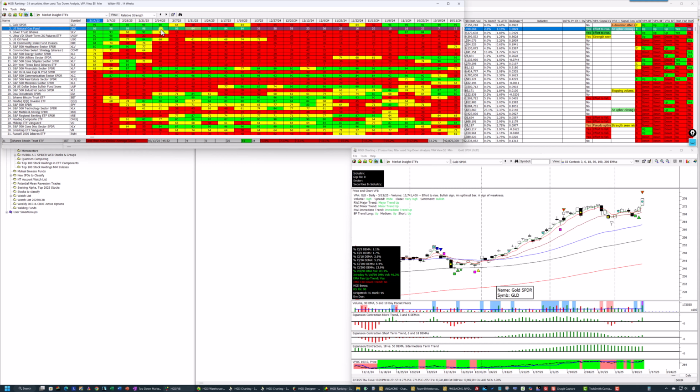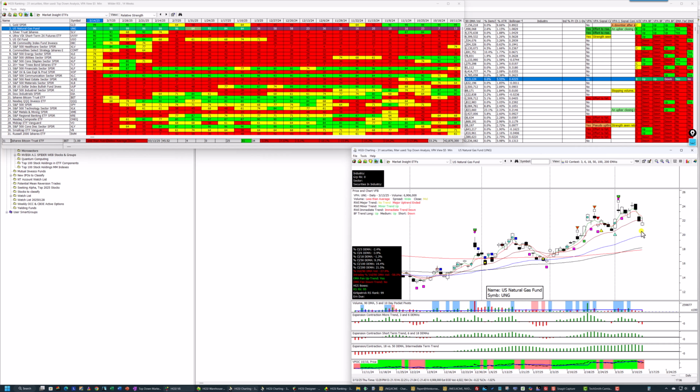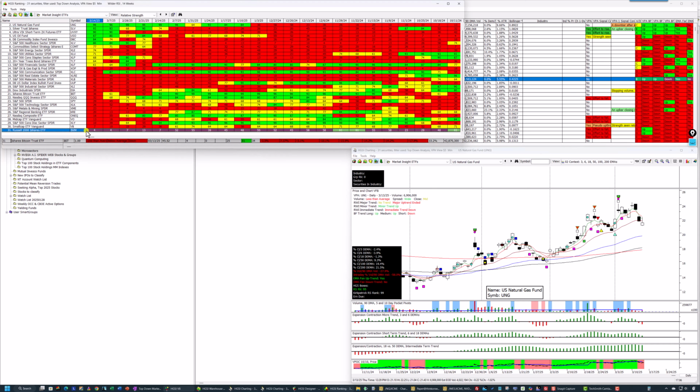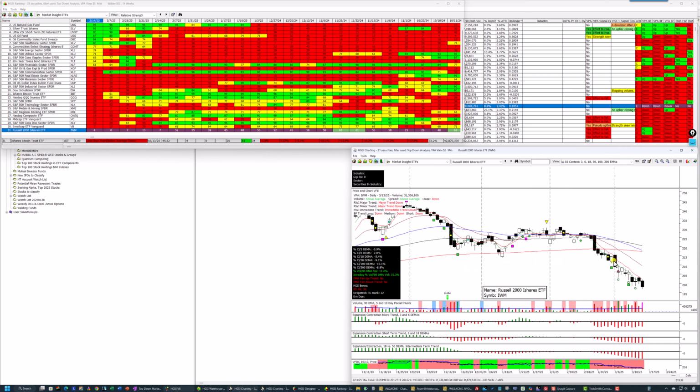Natural gas fund. Let's take a look at it. You can see that this is a pretty strong chart, but it's been coming down as we're coming out of the winter season. What is the weakest index here based upon the Wilder RSI? It's the Russell 2000, the IWM, and you can see that it's a very weak chart.